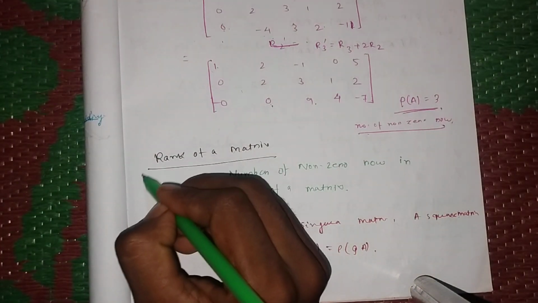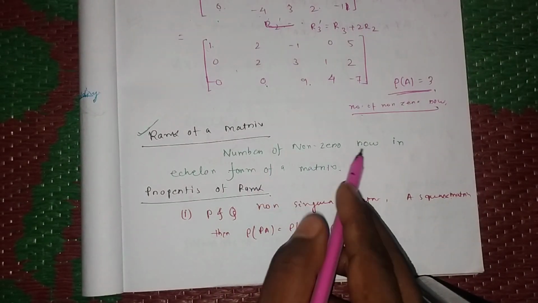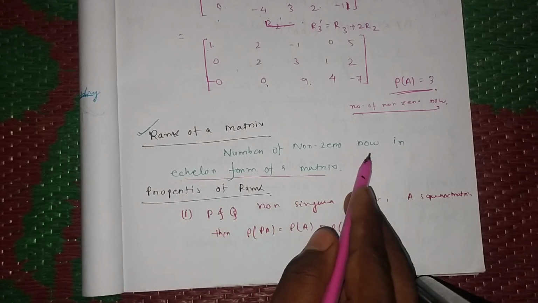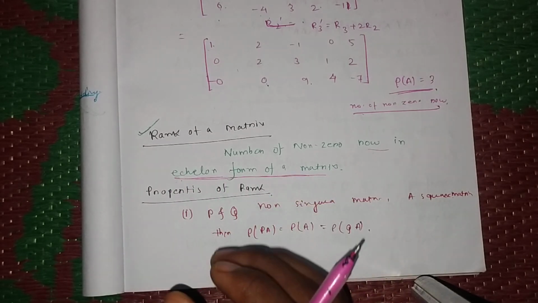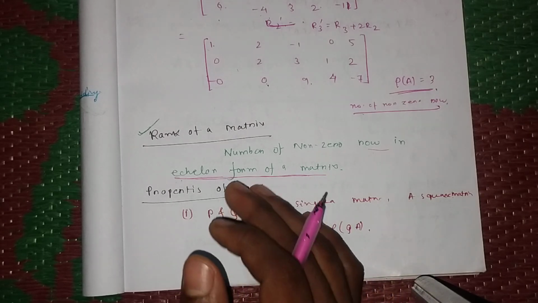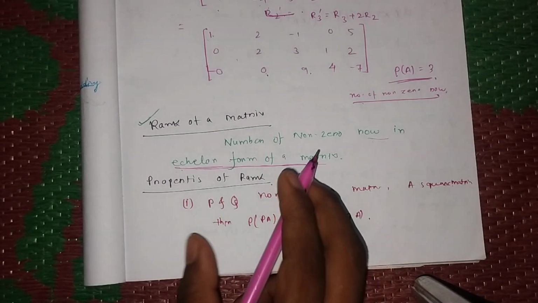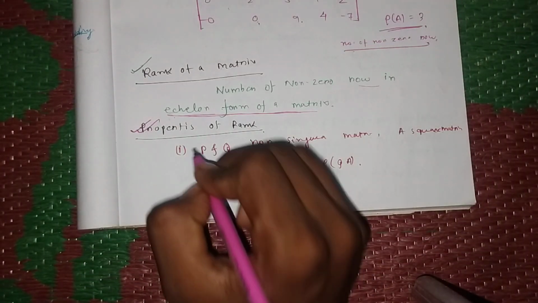So the definition of rank of a matrix: it is the number of non-zero rows in an equivalent form of a matrix, not only a row reduced form; if you find the row equivalent form, then the number of non-zero rows is called the rank. Okay, now some properties of rank.